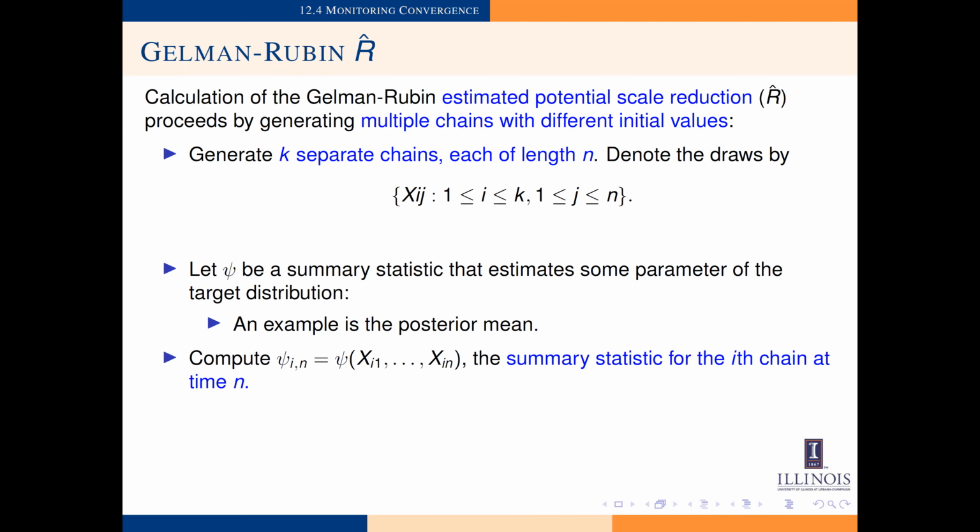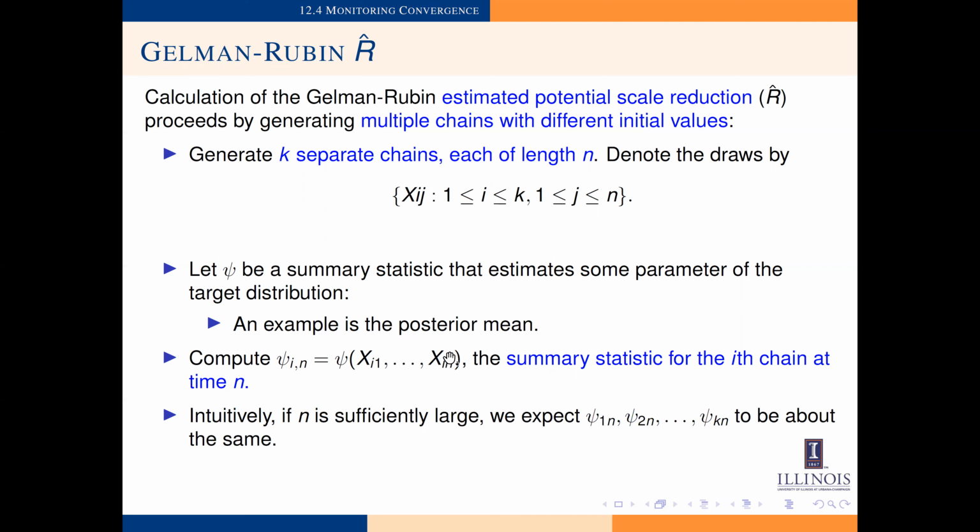We compute psi_in, which is the psi statistic calculated for the MCMC draws from the first iteration all the way up to the nth iteration. For example, if psi is the mean, you take the average of the x's across the first to the nth iteration.